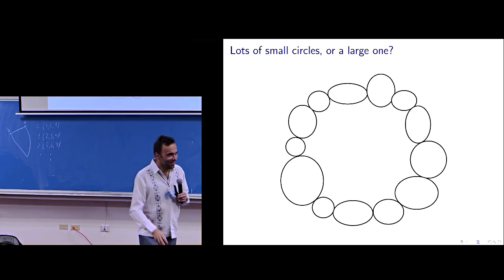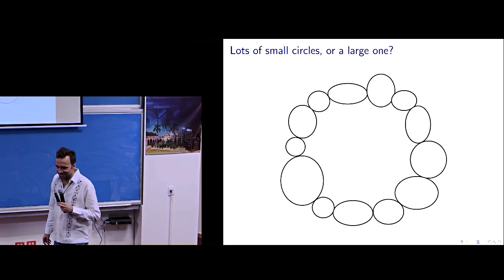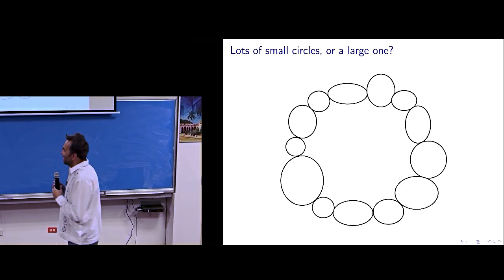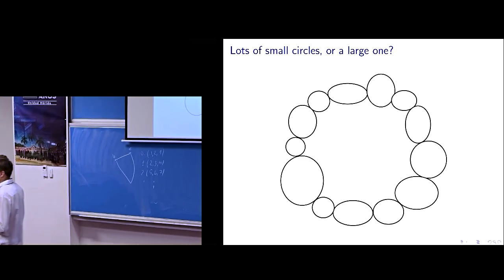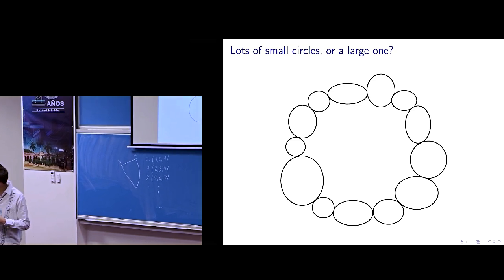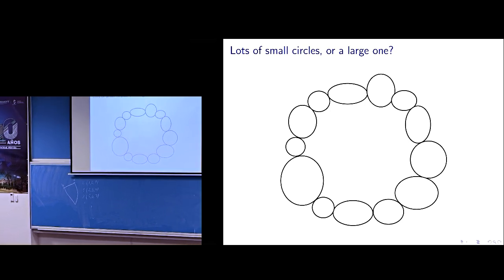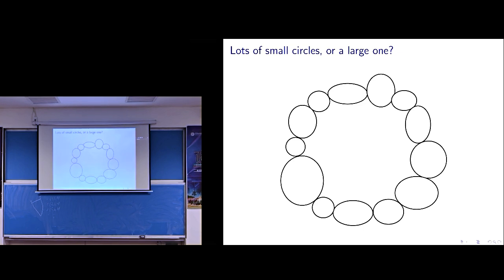Let's assume that there are very, very densely sampled points. Imagine that those are points, but they are so densely sampled that you cannot see that they are separate points. Then that's a circle.